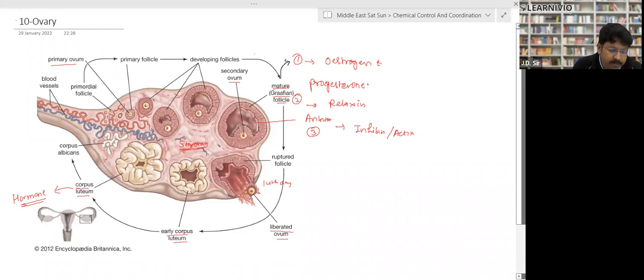It develops female secondary sex characteristics during puberty.